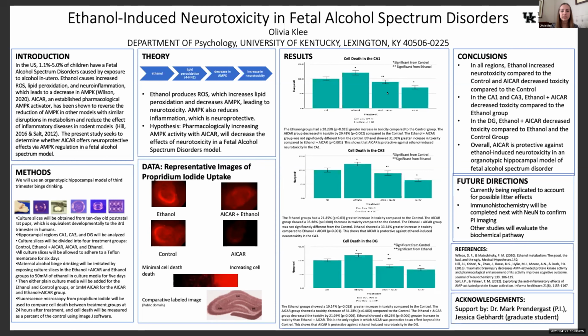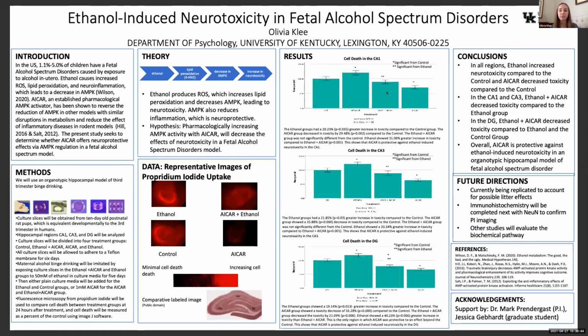The ethanol plus ICAR group was not statistically significant from the control, and the ethanol group showed a greater increase in toxicity compared to the ethanol plus ICAR group. All in all, this shows that ICAR is protective against ethanol-induced neurotoxicity in the CA1 and the CA3.